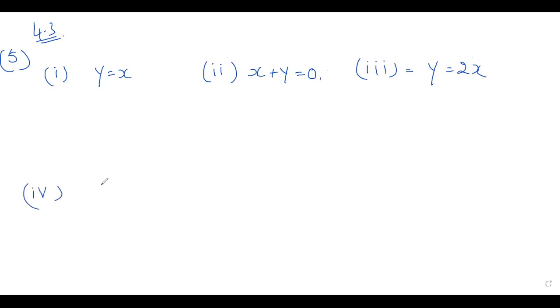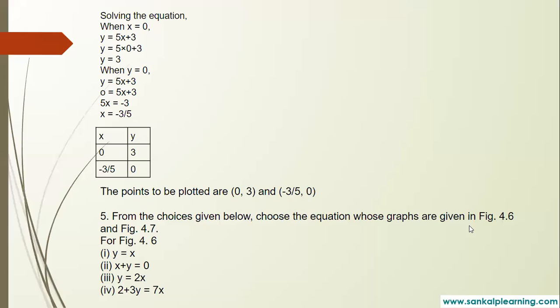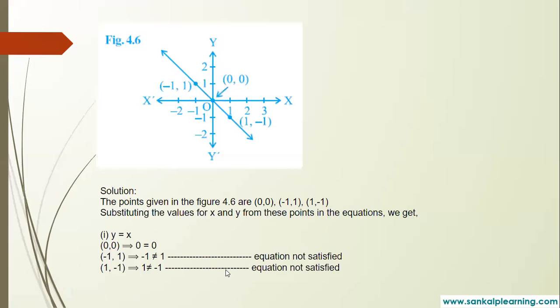And fourth one, 2x plus 3y is equal to 7x. We'll see the question and we'll come back to this. It's here, children. I have written the equation.